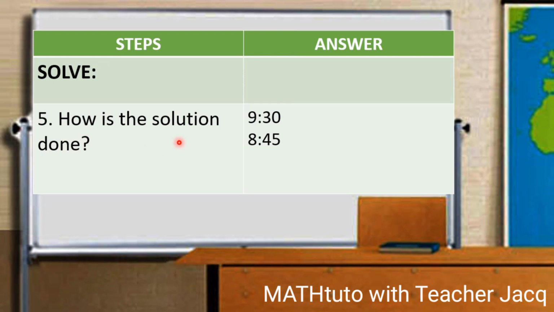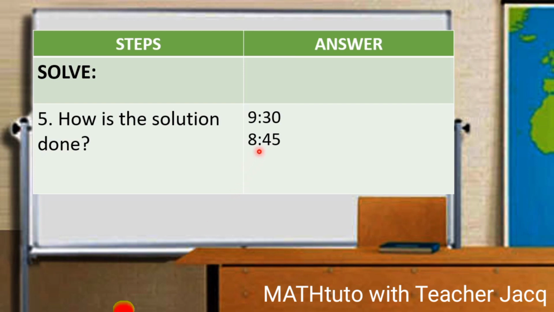So, how is the solution done? So, we will subtract yung ended time dun sa starting time. Okay? So, yung ended time natin is 9:30 p.m. minus 8:45. So, we cannot subtract 45 minutes from 30 minutes.